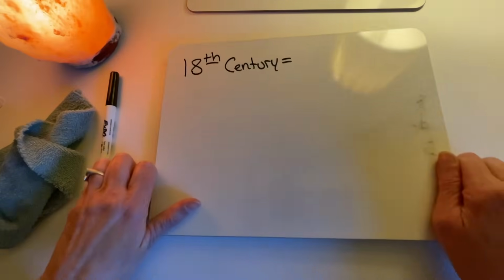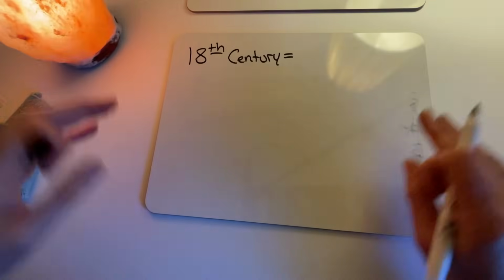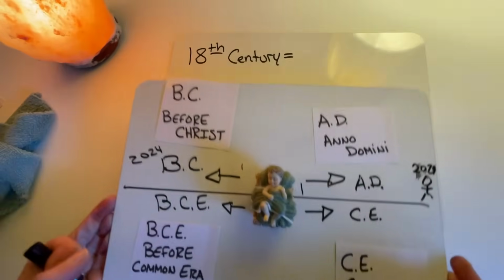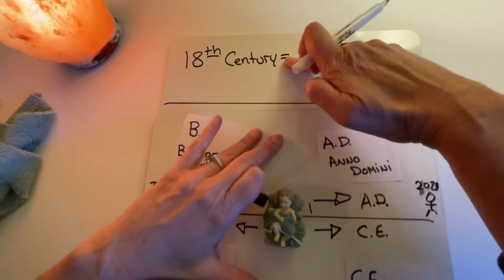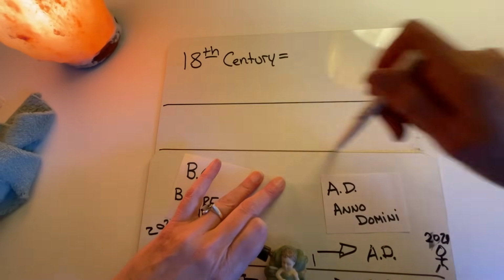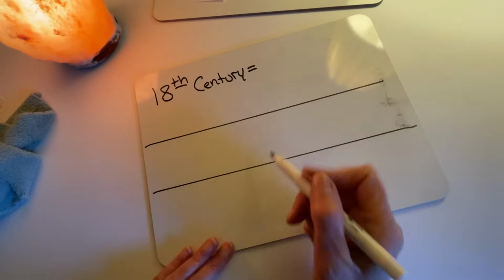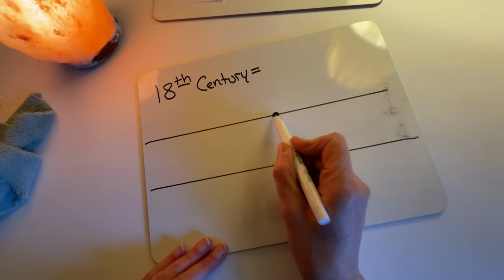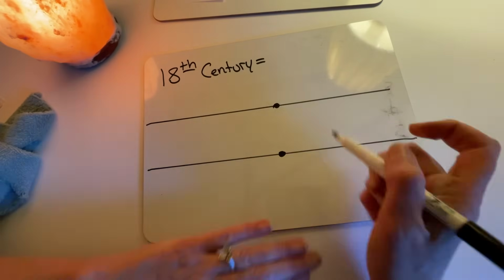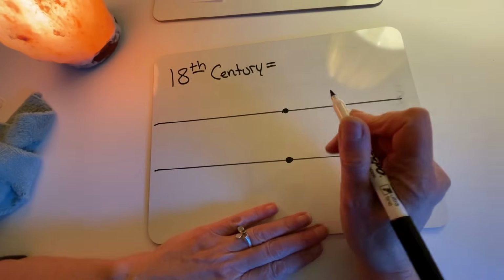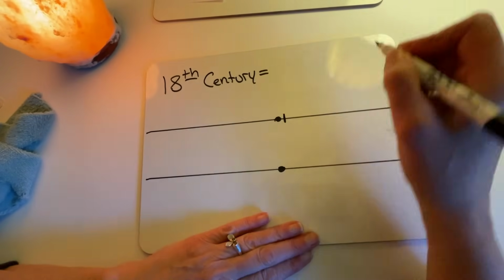So let's go back to this, and I need another straight line, I think. Let's make a couple. Okay, all right, so assuming this is where our little Christ birth is, the first year out is year 1 AD.